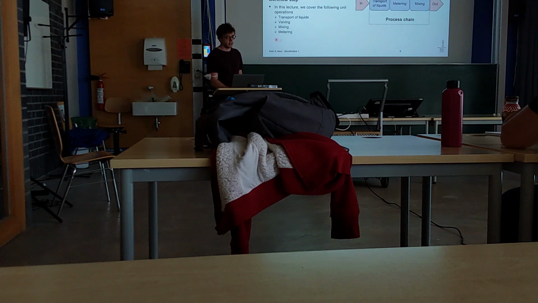In this lecture, we only cover 4 types of unit operations, but there are heaps more. I guess those 4 are the most intuitive ones because you always need to transport liquids in a certain way, for example. And they are also the most prominent ones, the most often used and required.